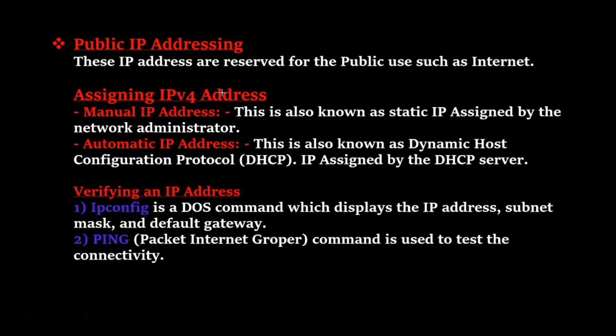DHCP is a protocol that you configure on a router or server, and then the server or router provides an IP to your system. When you configure a DHCP server, it provides the IP, known as a dynamic IP. Dynamic IP means the IP is assigned automatically.